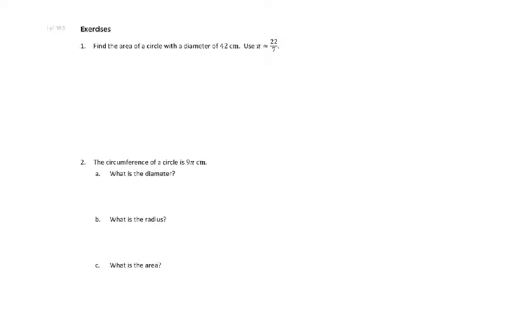Okay. So remember that we find the area of a circle by pi r squared. So we need to know that radius. Remember that we can find the radius by saying radius, which is r, equals 1/2 times that diameter. So we're going to use that information right now in order to solve this problem, keeping in mind that they're asking us to use pi equals 22/7.